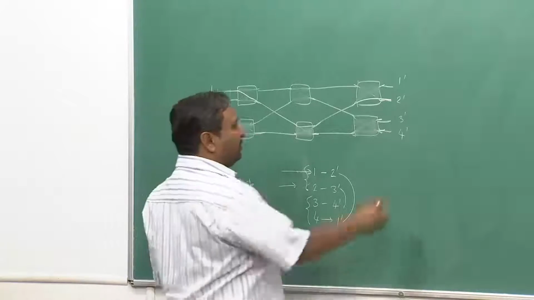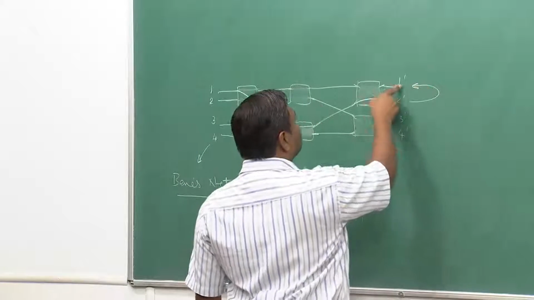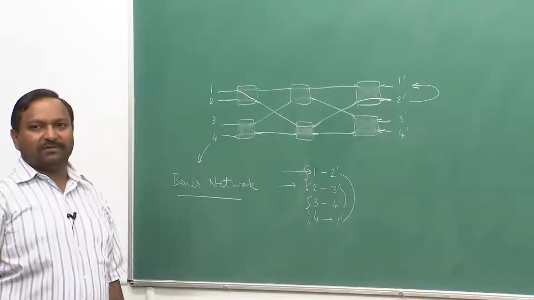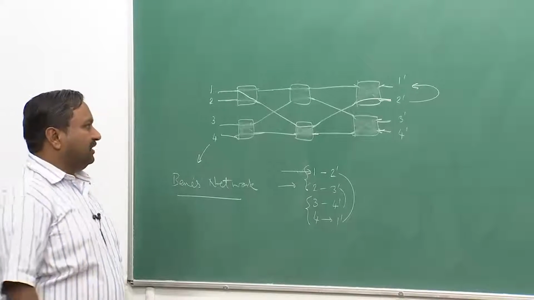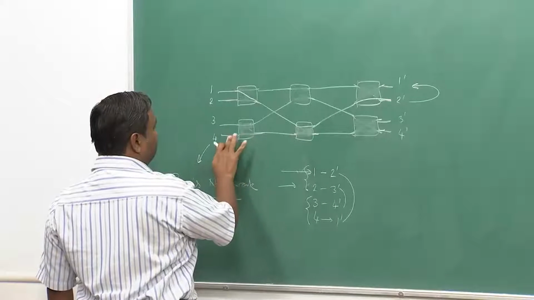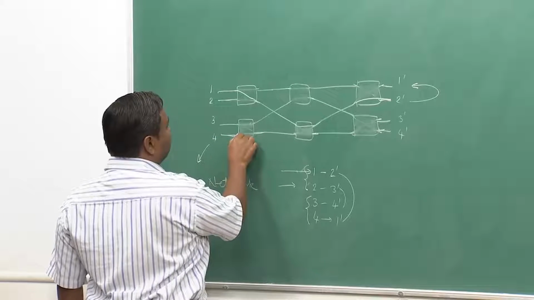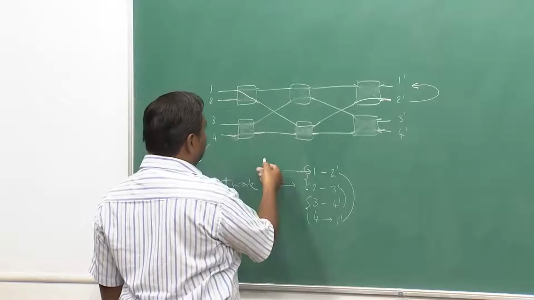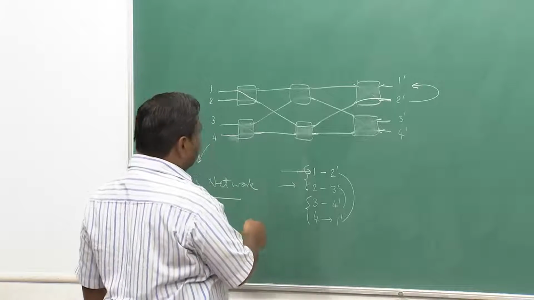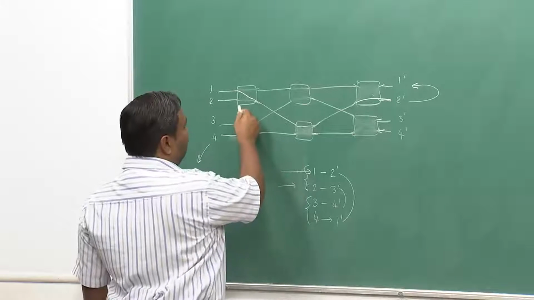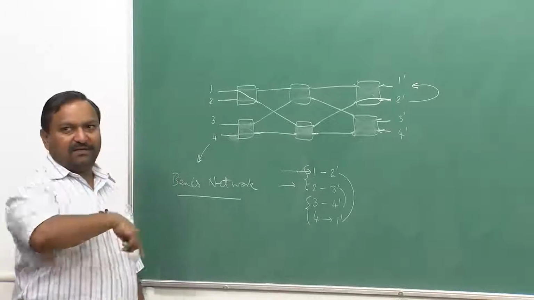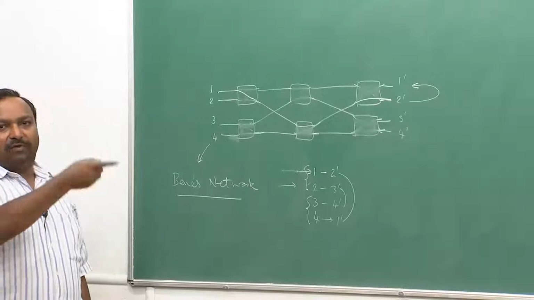The next connection should be set up from 1 prime. So, 1 prime has to connect to 4. So, 1 prime to 4 or 4 to 1 prime I should set up. When I am going forward I should use either the bottom switch or the upper switch, but while coming in the reverse direction I should use the other one, okay.